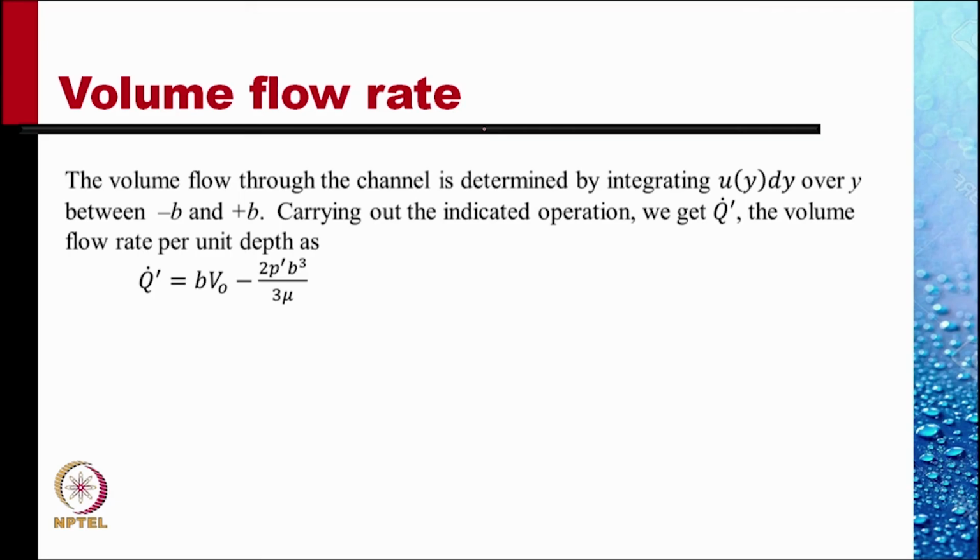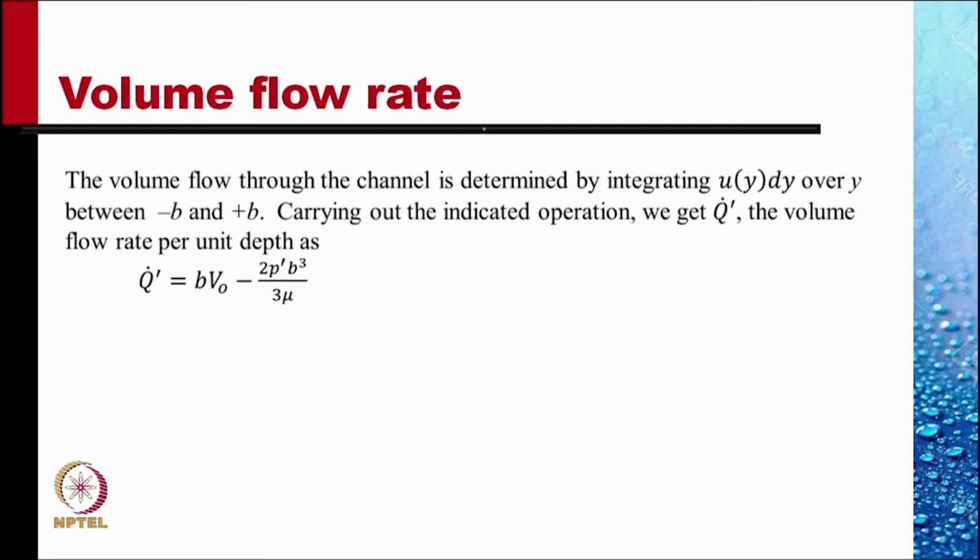If there was no pressure gradient, then the volume flow rate would be b v naught, and if the upper plate was not moving, the volume flow rate would be minus twice P prime b cube by 3 mu.